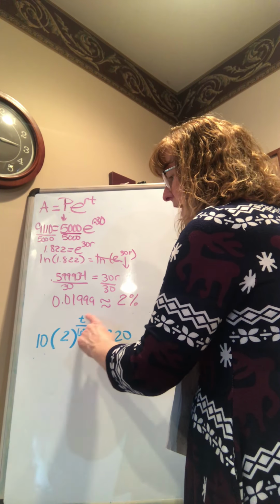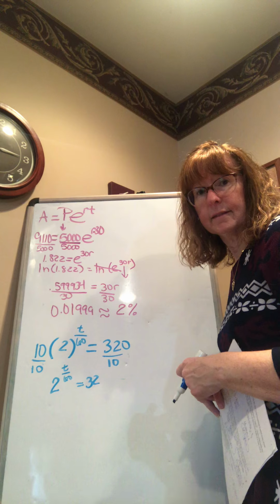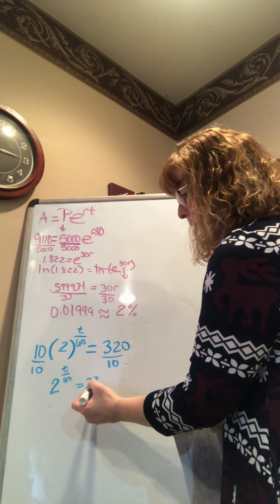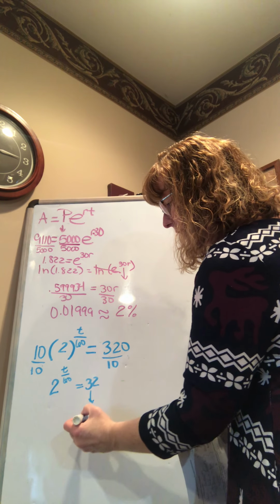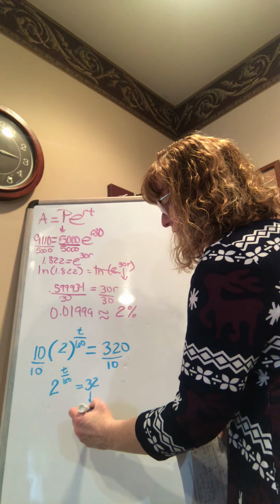So from here, on number 3, we have to divide both sides by 10. And now we have 2 raised to the t over 60 is equal to 32. So you could do this one of two ways. You could go back to exponents and say, hey, wait, I know 32 is 2 to the 5th power.